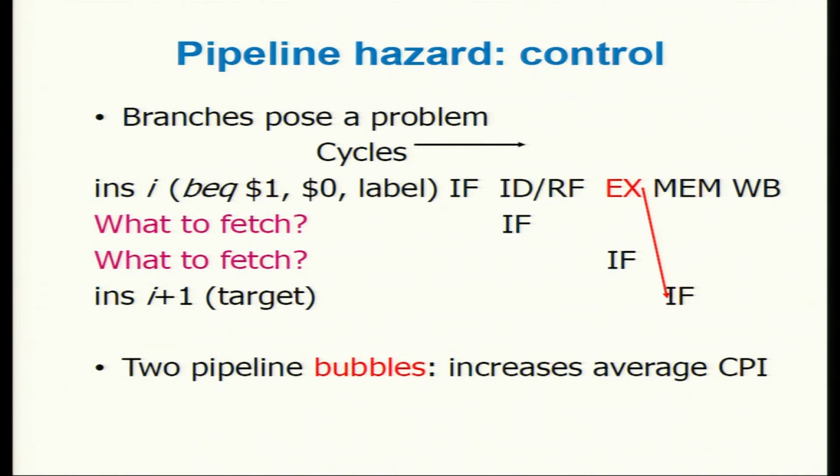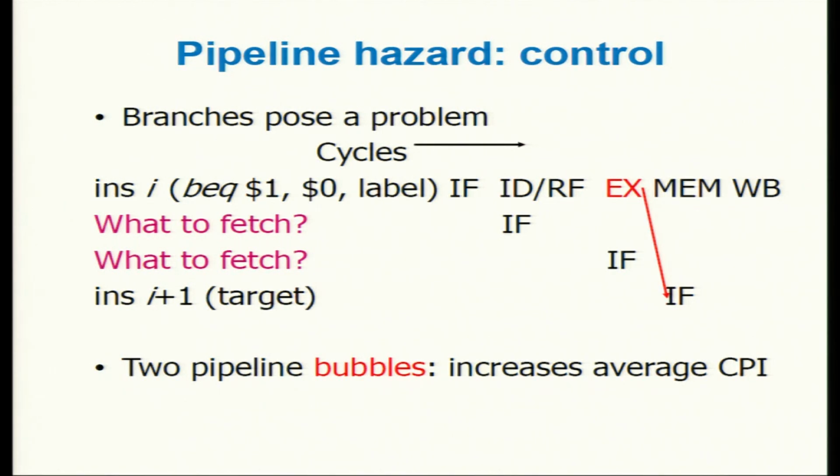You will get to know what to fetch only here, once the branch is executed and has computed the target. You can transfer that to the fetcher and fetch the target. So what do you do in these 2 cycles? If you do nothing, that leads to wastage of 2 cycles every time you execute a branch. These are called pipeline bubbles. That is, it looks like nothing is moving in the pipe. There are 2 bubbles going.